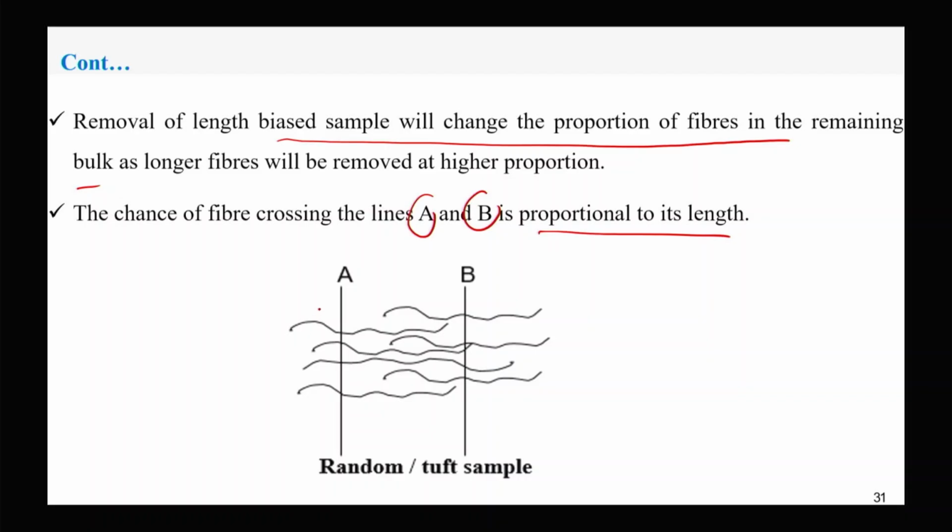Like one fiber is there, this is one fiber, and a small fiber, this small. So, if you see, the longer fiber will have higher probability of crossing the line. That means these lines A and B are the gripping points, where they will be picked.